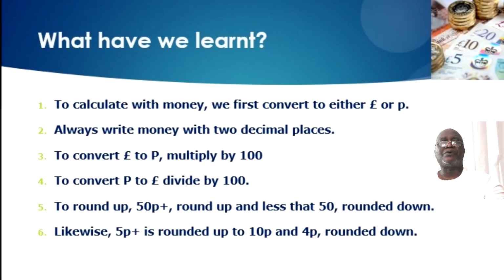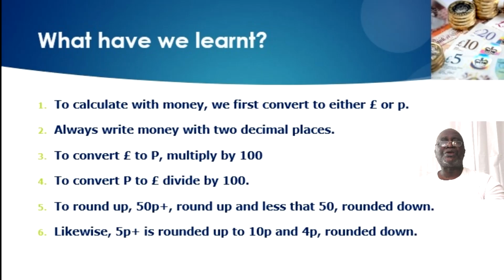Now, what have we learned? We've learned that to calculate with money, we have to convert everything to one format, either to pence, if that is what's required, or to pounds and pence.